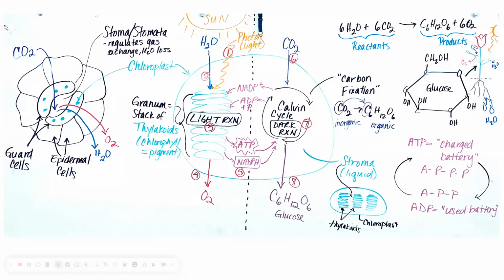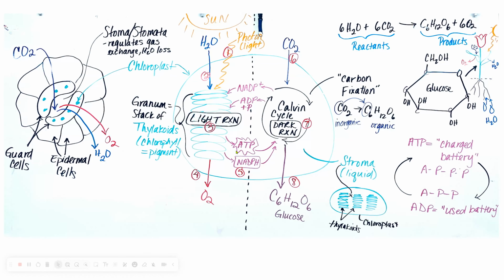As part of this, when water gets split, hydrogen ions, or H pluses, are pumped into the middle of each of these thylakoids, and electrons are split off and sent down what's called an electron transport chain, all designed to recharge these energetic molecules into useful forms.